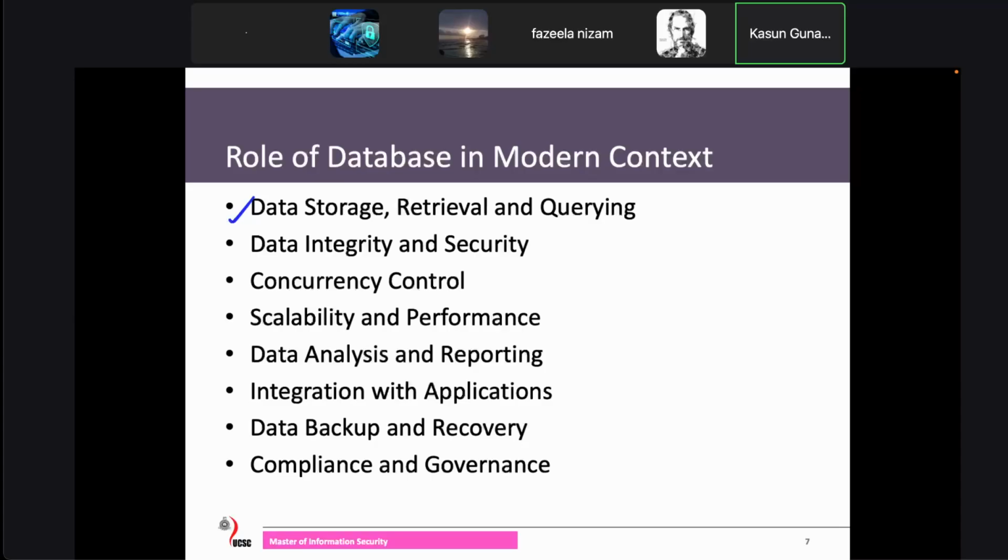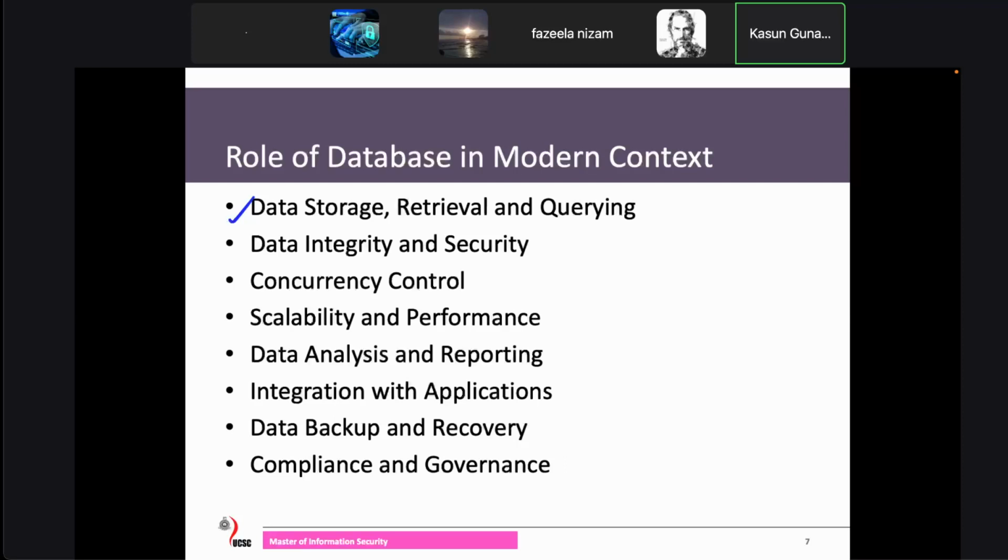And also scalability and performance, that is an aspect that modern databases are really paying attention to, because it is catering for large numbers of users or clients. Right now it handles large amounts of data day by day. The amount of data increases, so there are scalability and performance issues.